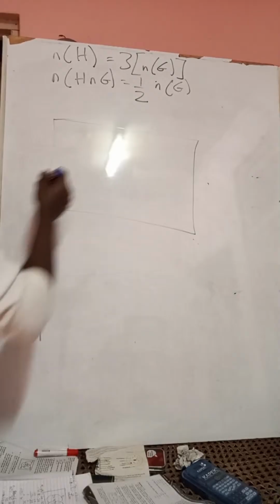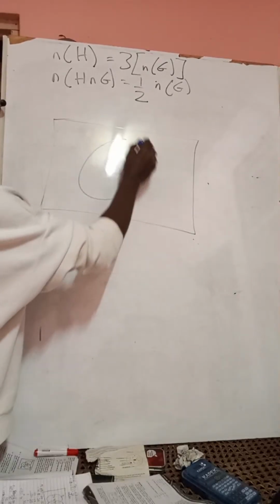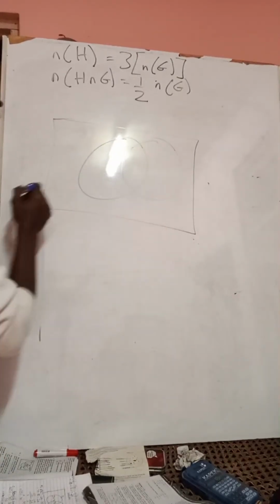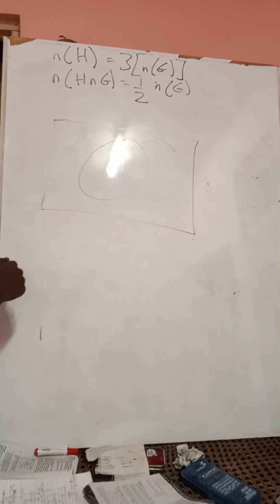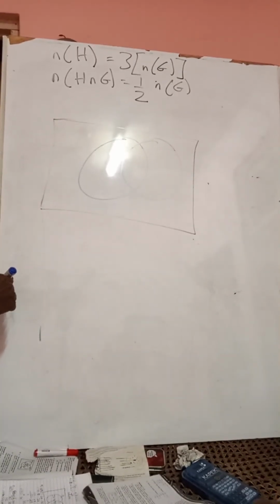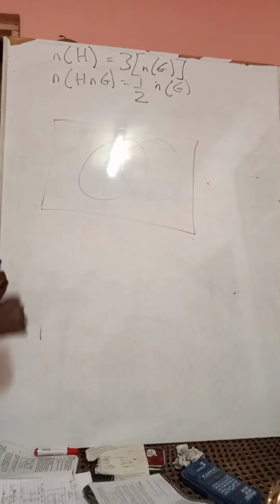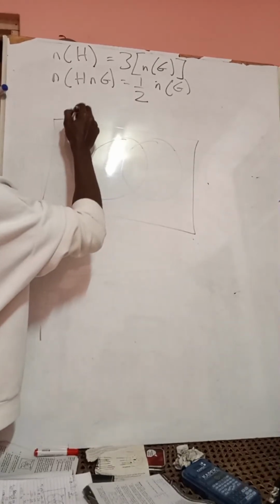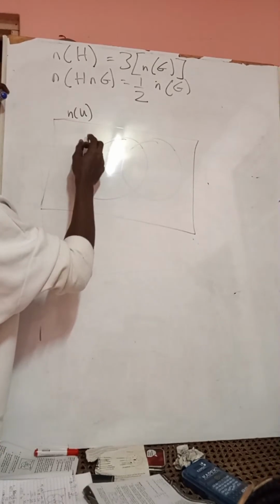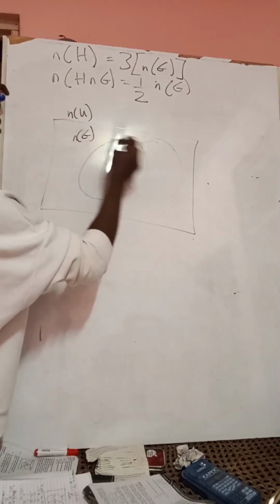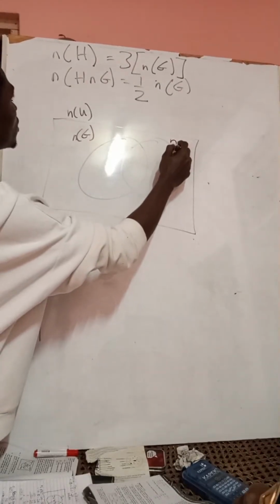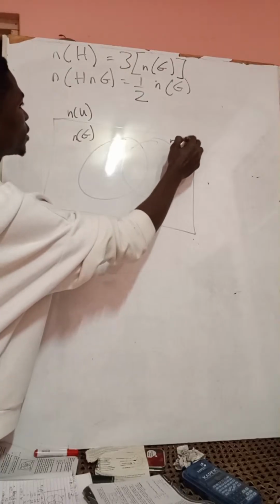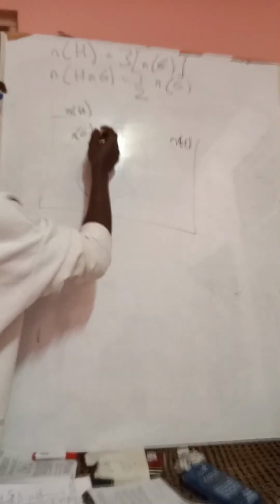Let me see. This will be our Venn diagram. Is it clear? Can you see it? Okay. So this will be our Venn diagram. Number of U. Then number of G will be here, and number of H.